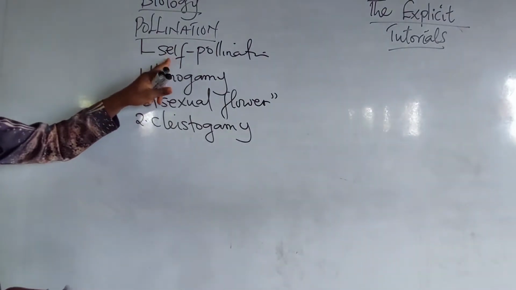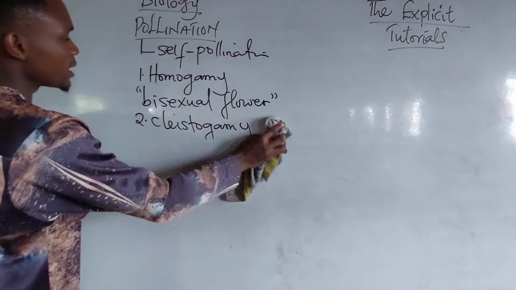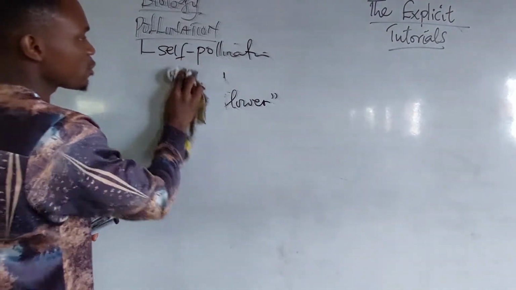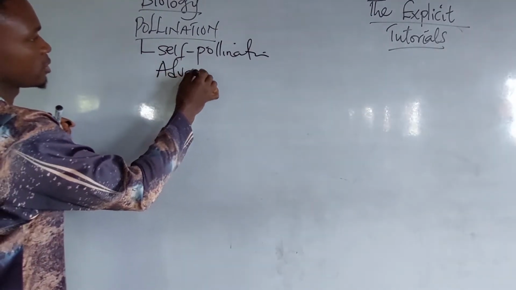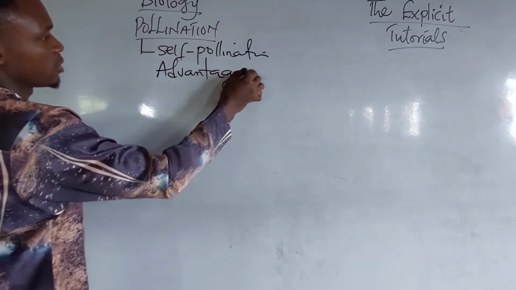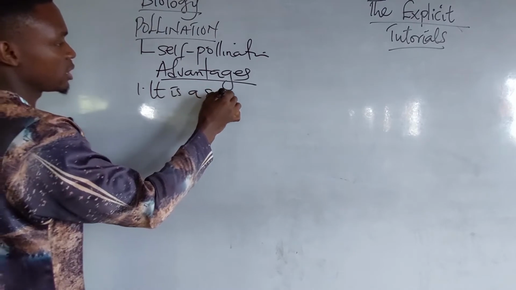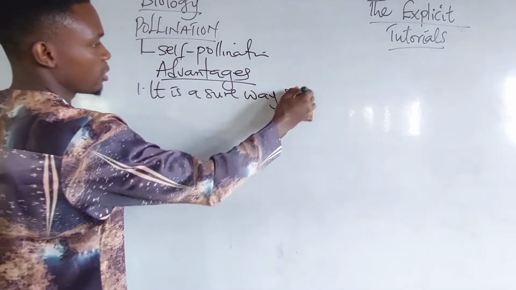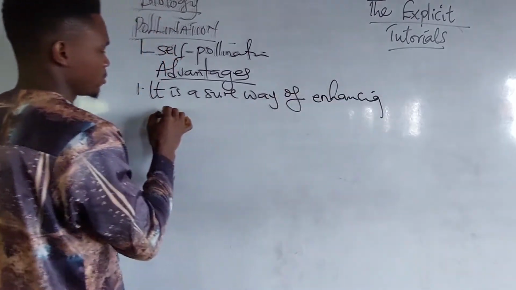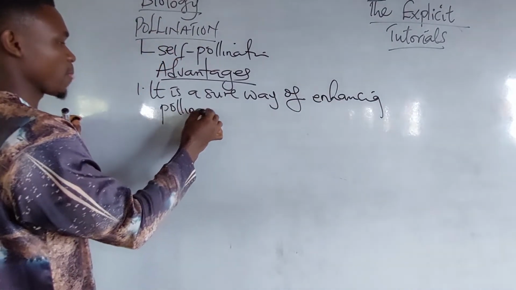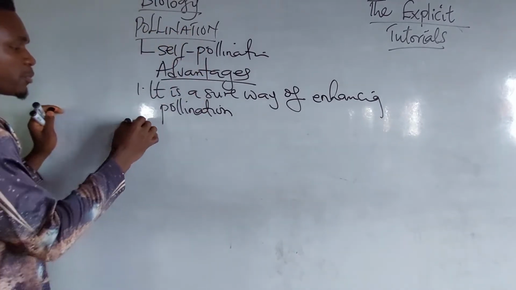Now, I said that in self-pollination, one parent is involved. Now, let us look at the advantages and disadvantages of self-pollination. The advantages of self-pollination: one, it is a sure way of enhancing pollination, since it's just a single parent.